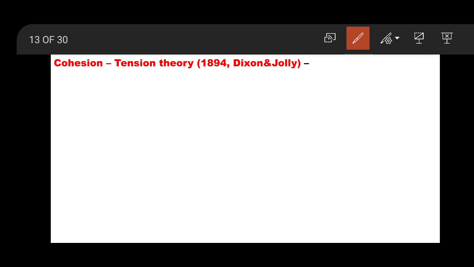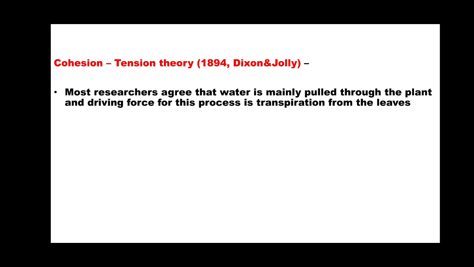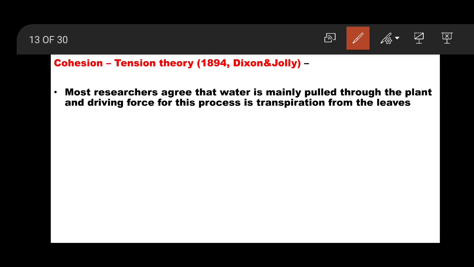What is adhesion, what is cohesion. The cohesion tension theory was given by two scientists, Dixon and Joly, in 1894. Let us move to this theory. The theory is not that big, so let us study the cohesion tension theory.